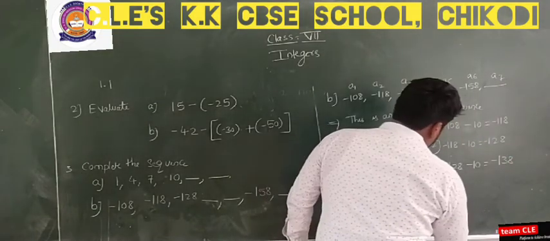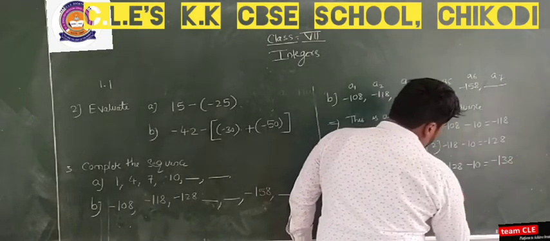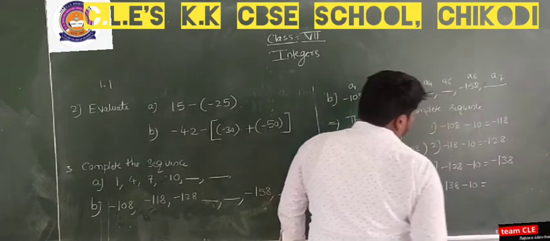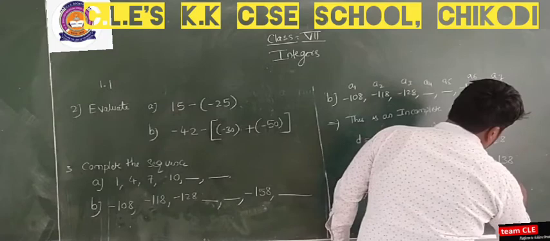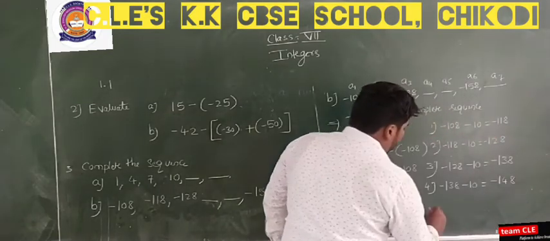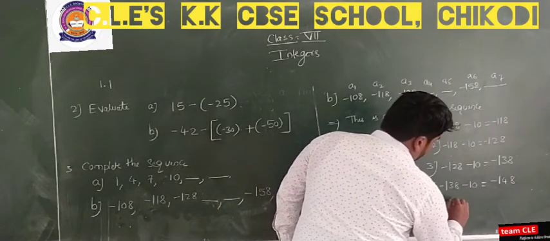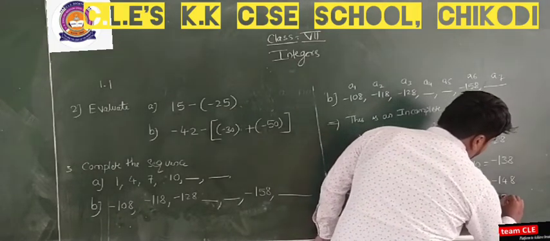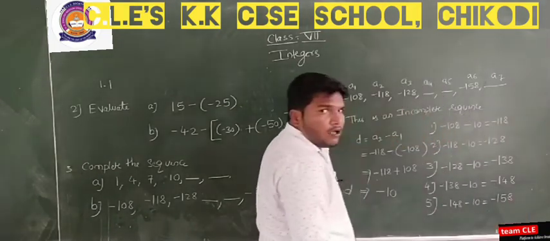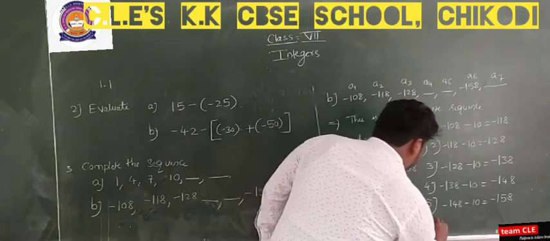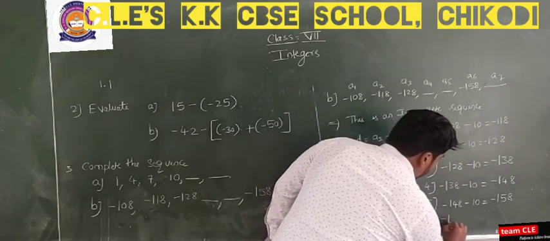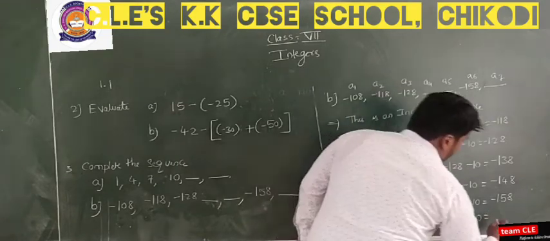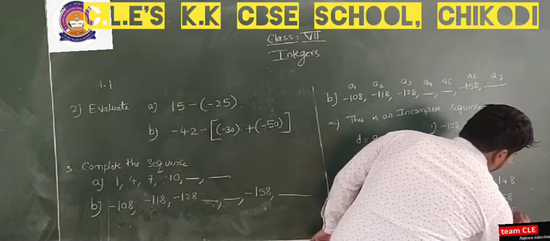After that, minus 138 minus 10 is minus 148. The fifth one, minus 148 minus 10, is minus 158. Then the sixth one, which is your last, minus 158 minus 10, is minus 168.